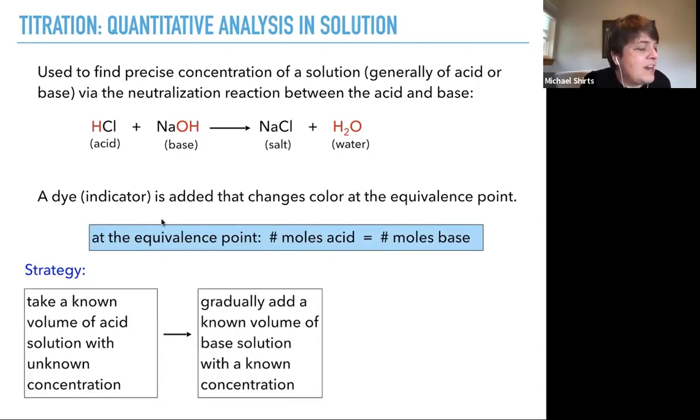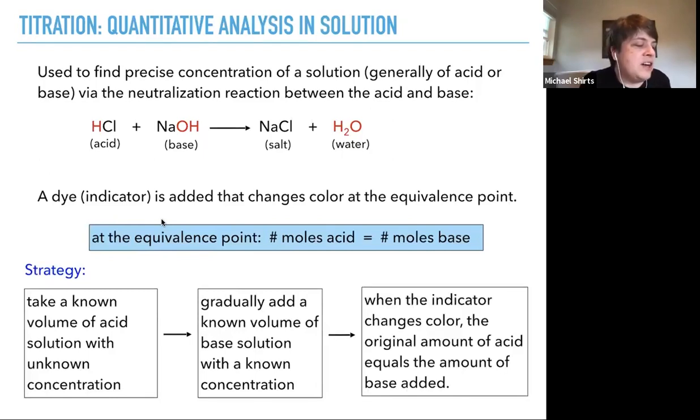So you gradually add a known volume of a base with a known concentration. And then when the indicator changes color, the original amount of acid equals the amount of base added. So you know how much base you've added because you know the equation, you know how much acid there was to begin with. And if you know the initial volume of the acid, then you've got the initial concentration.